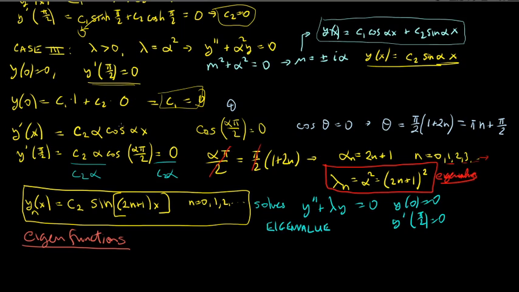So we have effectively solved this eigenvalue problem here. You could rewrite it as y double prime equals negative lambda y. So you're thinking about the second derivative as your linear operator, equal to lambda y. Although in this case it's negative lambda y, but that doesn't matter.